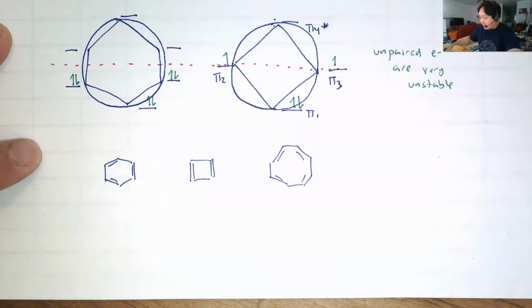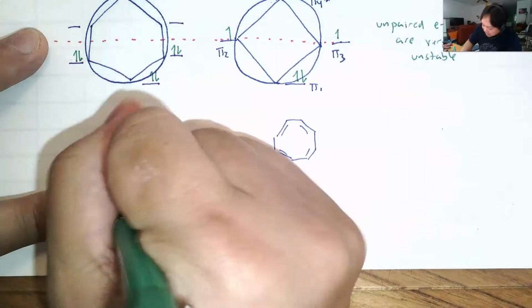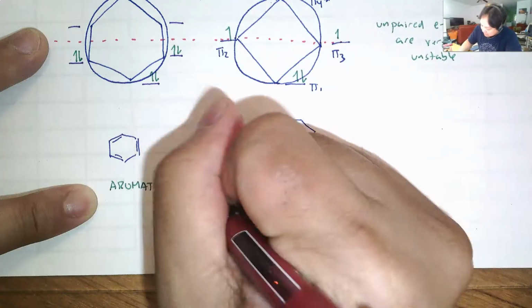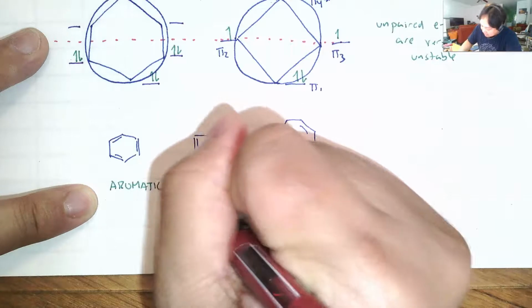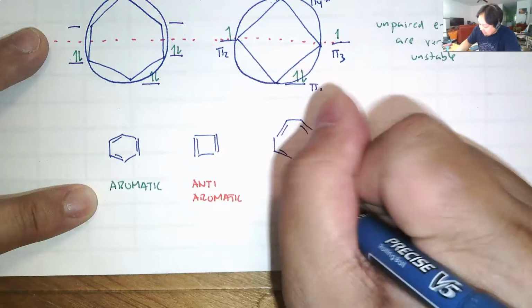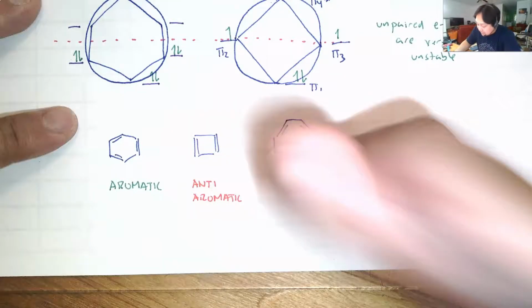But before I leave, let's label these. I'm probably mixing up my colors, but aromatic, anti-aromatic, and non-aromatic, because this molecule is big enough to become non-flat.